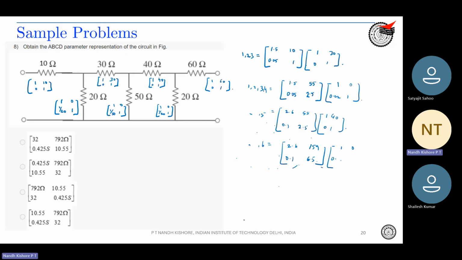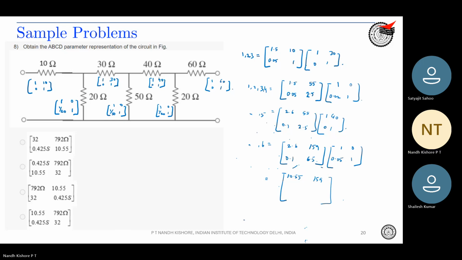1, 0, 1 by 20, 0.05. 0.6 plus 2 into 0.05, 10.55. 59. Right.